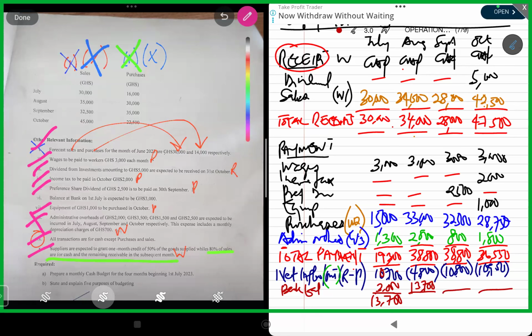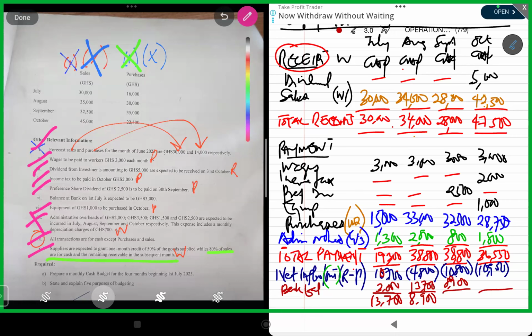So it is negative 4,800 plus 13,700. That's how we treat that figure. What do you have? 8,900. Then that balance at the end of August will become the opening balance for September. So you just repeat 8,900 there.